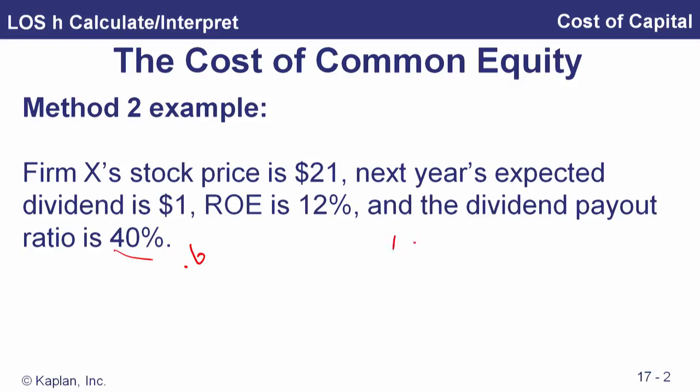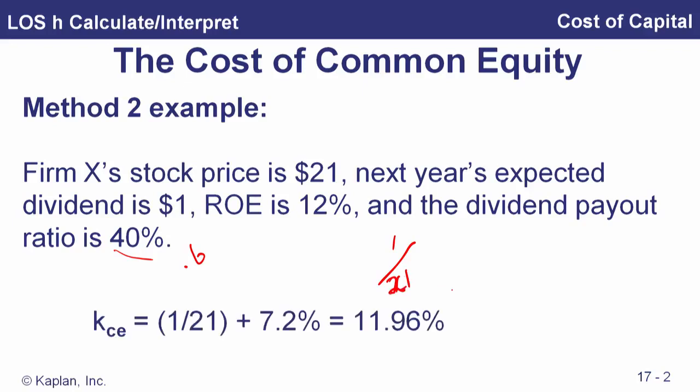Our dividend yield is simply 1 over 21. And here's our dividend yield, and here's our growth rate.